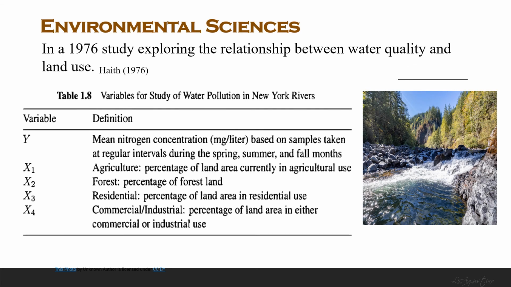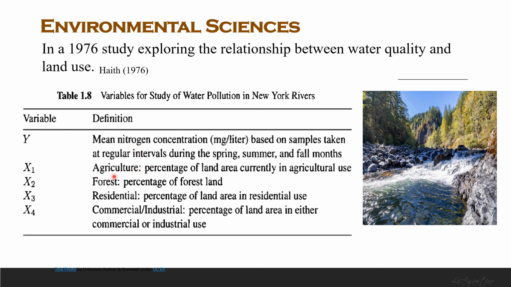And also, we could apply regression analysis in environmental sciences. In a 1976 study exploring the relationship between water quality and land use, given the variables on the screen in Table 1.8, our response variable, our Y, is the mean nitrogen concentration. A question of interest here is how the land use around a river basin contributes to water pollution, as measured by mean nitrogen concentrations.